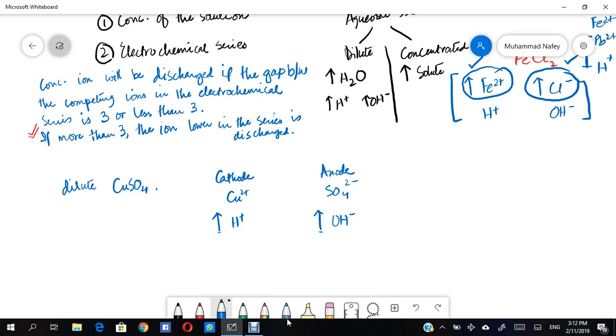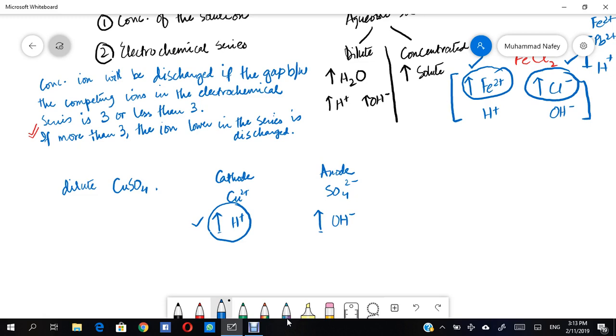Now, the rule was that a concentrated ion should be discharged if the gap between the competing ions is 3 or less than 3. Therefore, at the cathode, hydrogen ions will be discharged because the gap between copper ions and hydrogen ions in the electrochemical series is just 1.